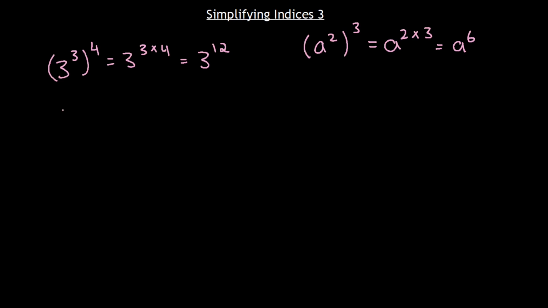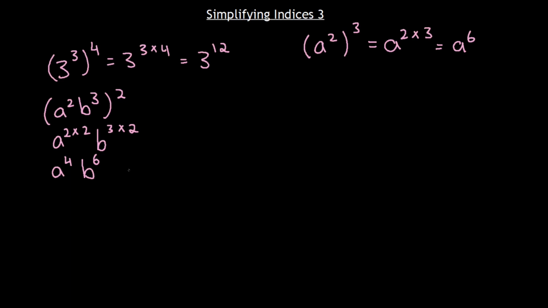So say we had a squared, b cubed, and all of that is squared. Again, we multiply the powers, so we're going to have a squared times 2 and b cubed times 2. So that will be a to the power of 4 and b to the power of 6.